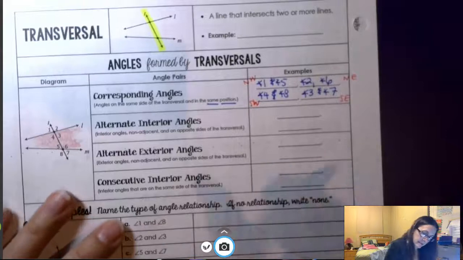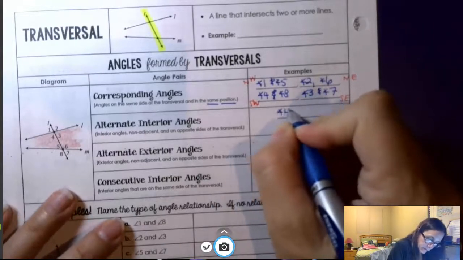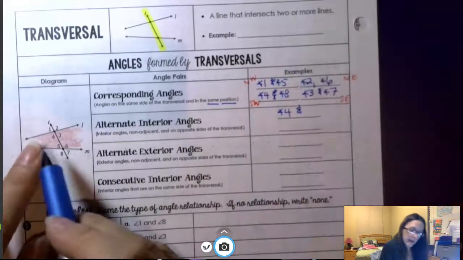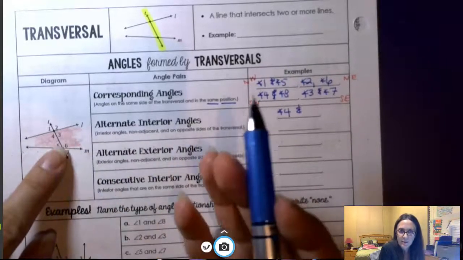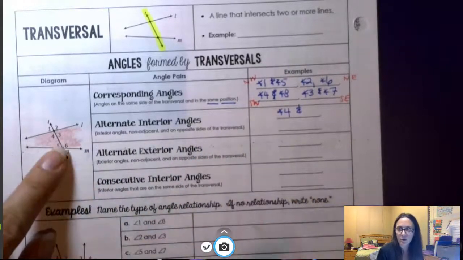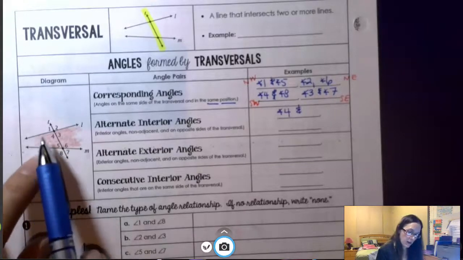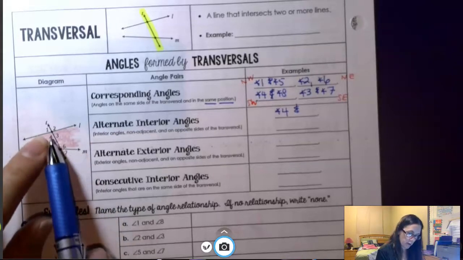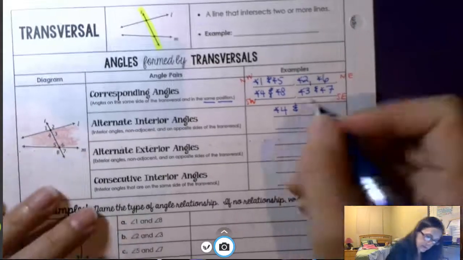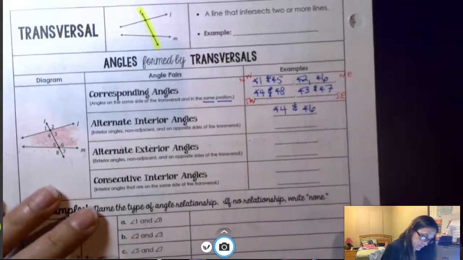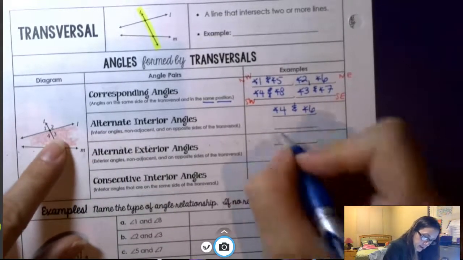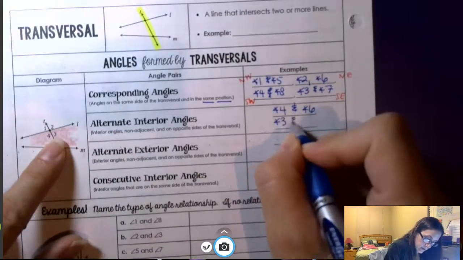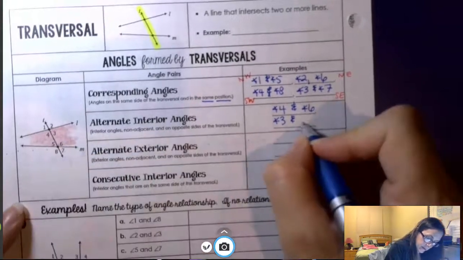So if I pick an inside angle, angle 4, 3 is the opposite side, but 4 and 3 we already know are a linear pair. So I don't want 4 and 3. I want the alternate side of the transversal inside. So alternate interior is going to be 4 and 6. Alternate interior, I could also pick 3. Alternate inside is going to be angle 5.